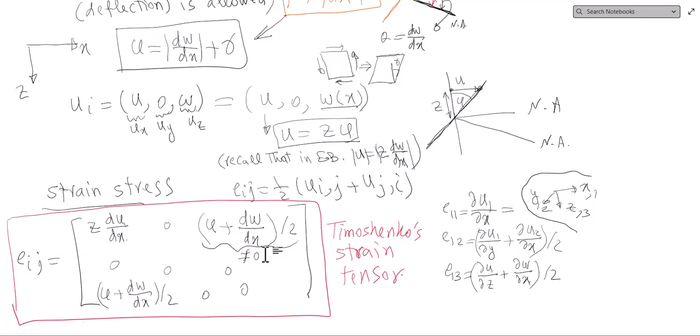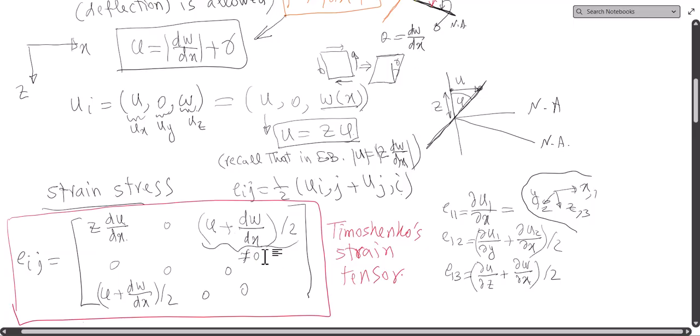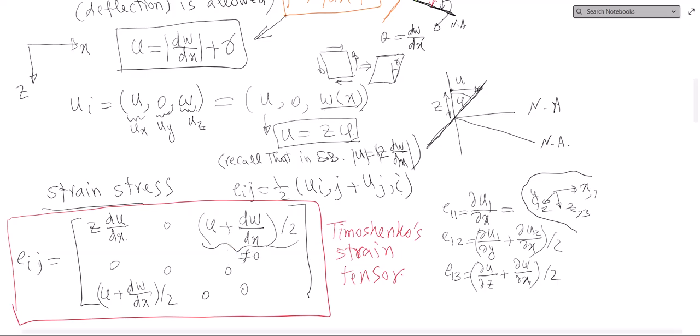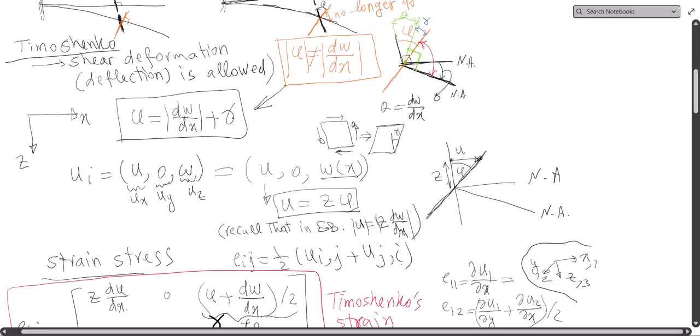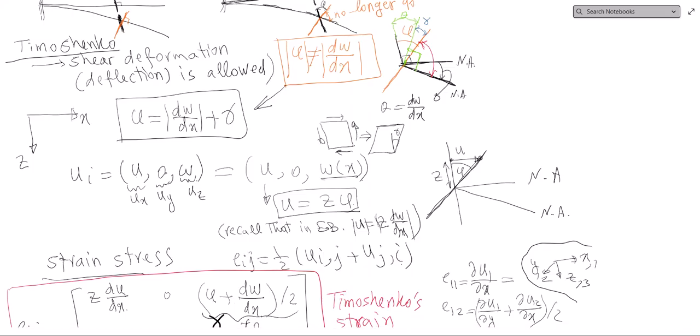Okay, having said that, as I mentioned, this is non-zero, and this is basically gamma that we have here. This quantity is gamma, and it is non-zero for Timoshenko. Now, therefore, the displacement, as we discussed before, is u0, w, which is a function of x.